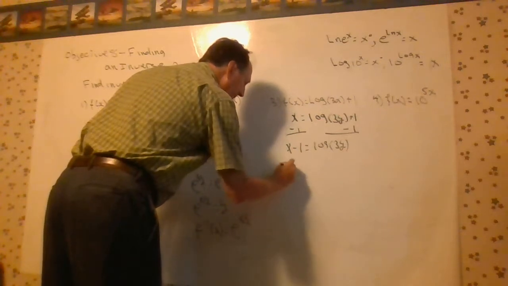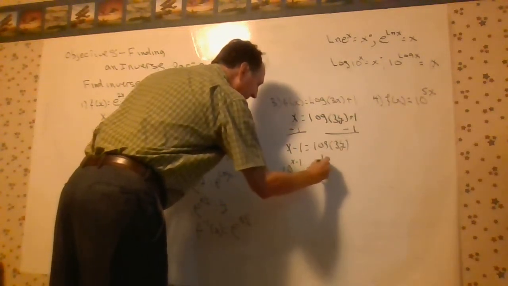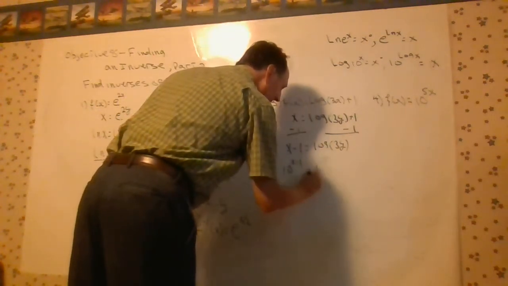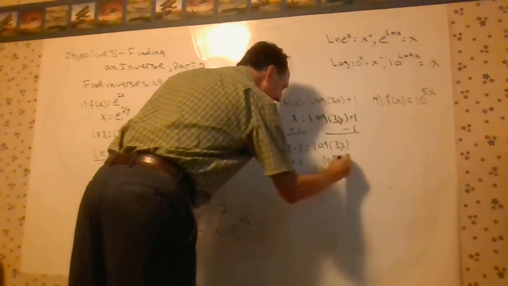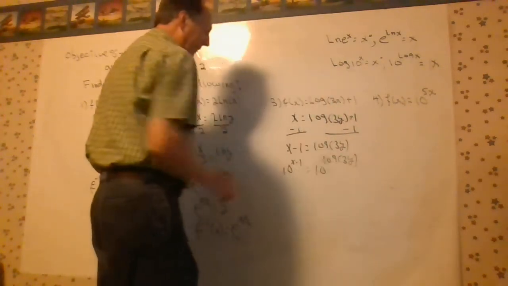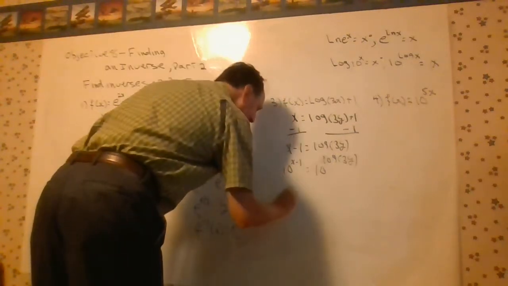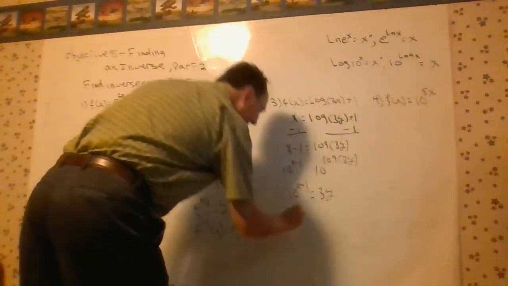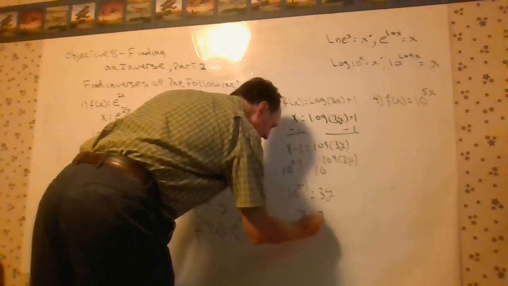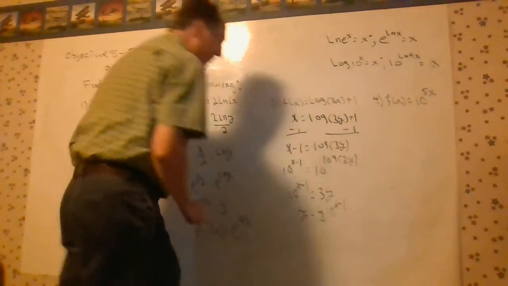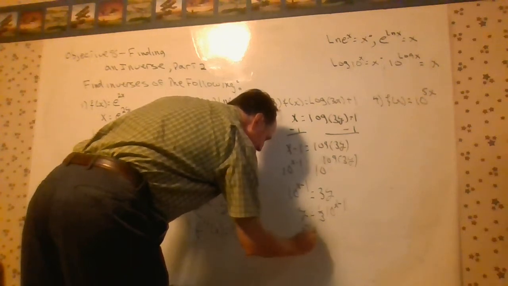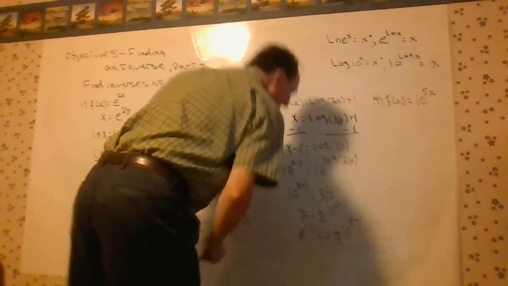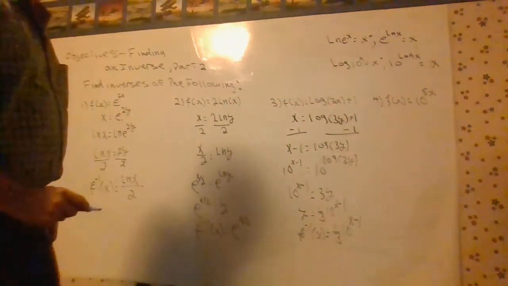And then we say 10 to the x minus 1 equals 10 to the log 3y. 10 and log cancel each other out, and we have 10 to the x minus 1 equals 3y. Divide by 3, y is 1/3 10 to the x minus 1, and we call that f inverse. So f inverse is 1/3 10 to the x minus 1.